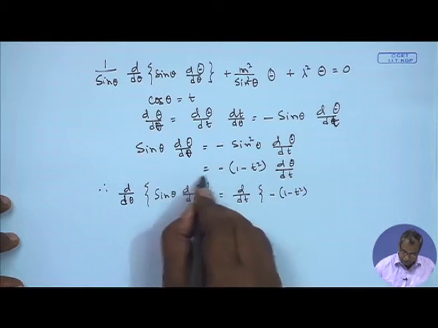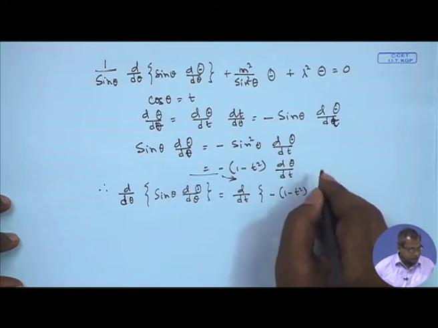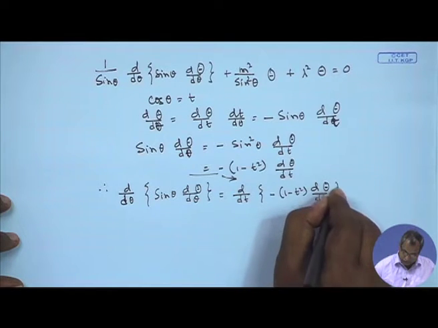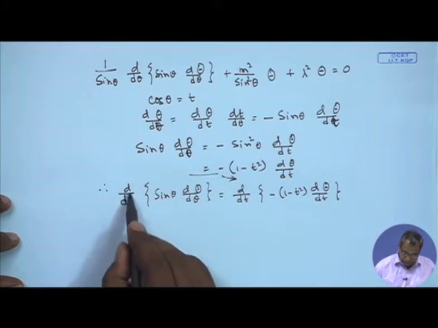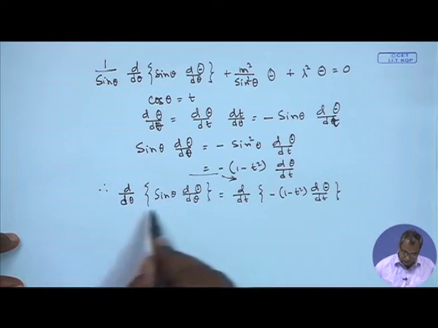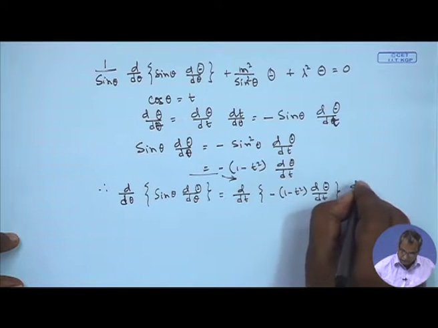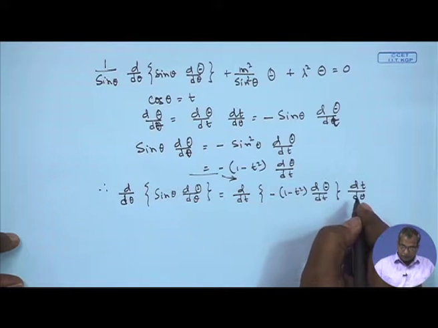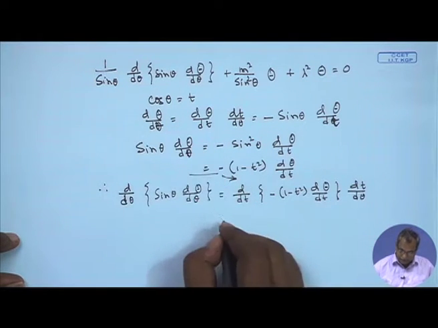I am just substituting this here, and expressing d/d theta by d/dt, where dt d theta is nothing but minus sin theta as per its definition.